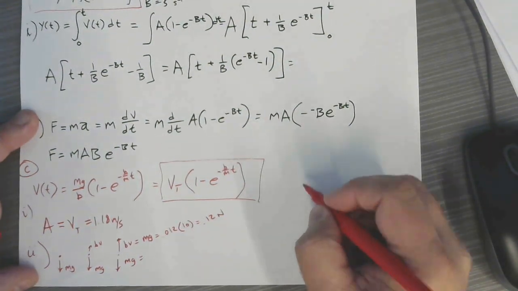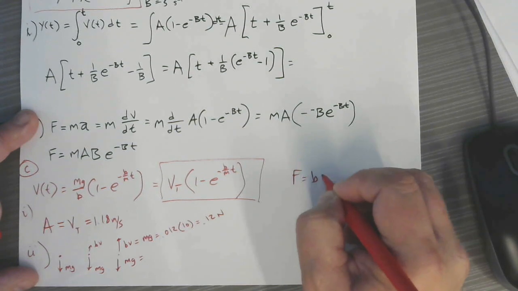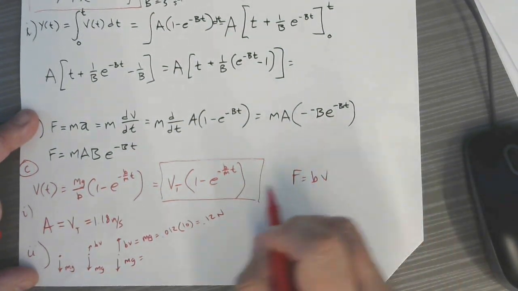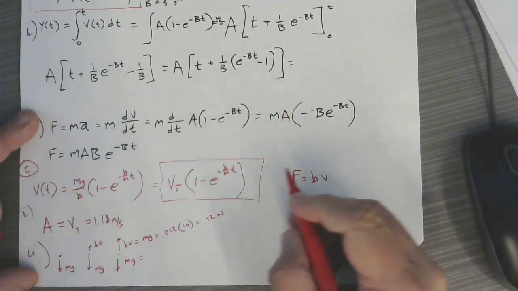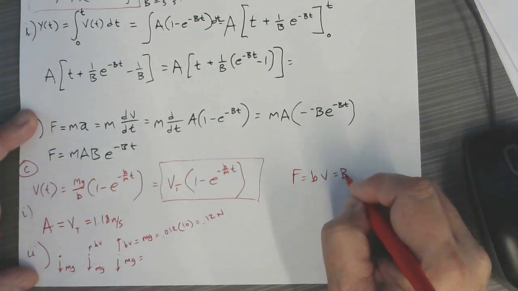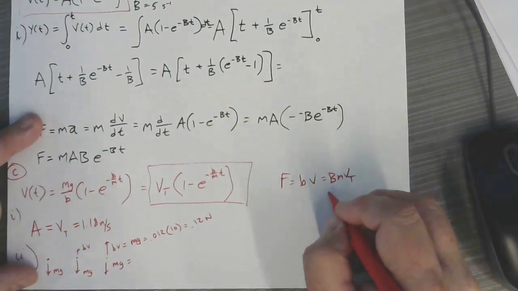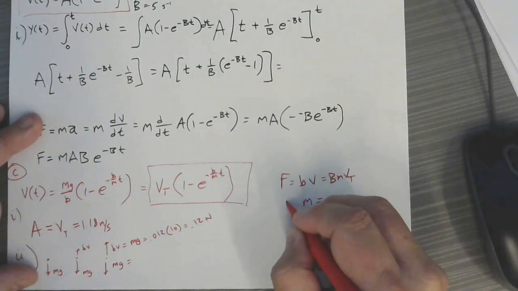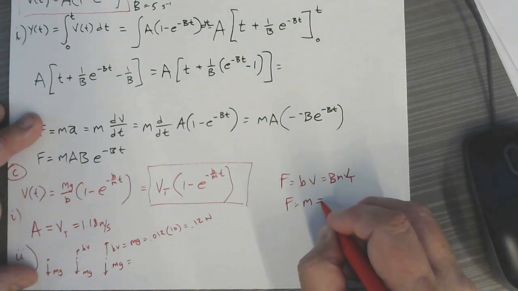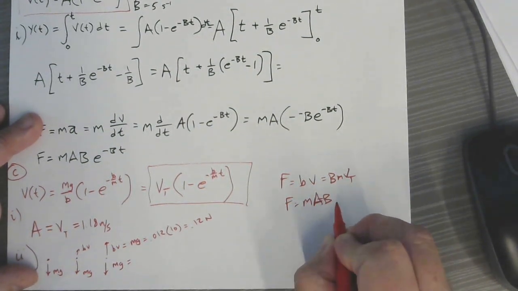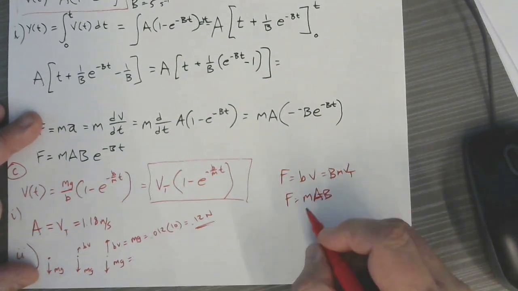If you wanted to calculate directly, you would say that the force exerted by the fluid is b times v, and little b is somehow equal to capital B times m, and then this velocity is the terminal velocity, and that happens to be a. So we should get a force of m times a times B. This should be the force, and it should be the same number, but it turns out it's not.